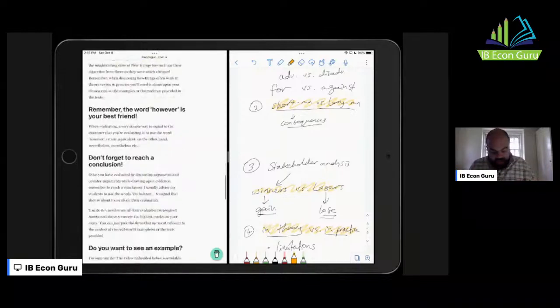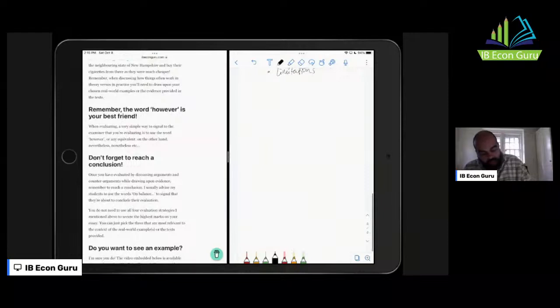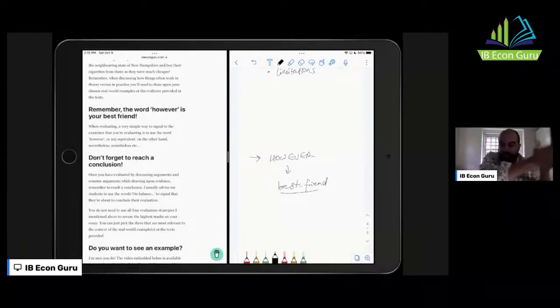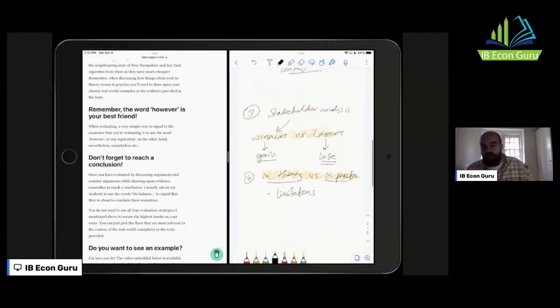Now, here in the blog post, I also say the word however. I love that word. However, this word is your best friend. So when you provide an argument for or an advantage, and you incorporate a real world example or evidence from the case study, however, you balance it with a counter argument, or an argument against.